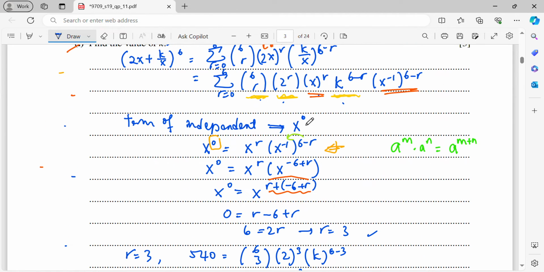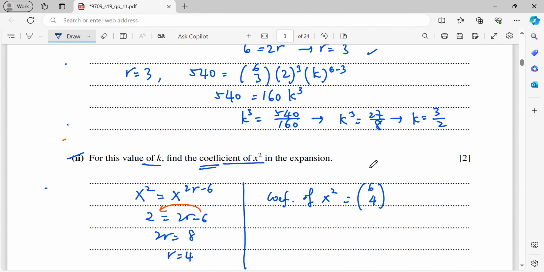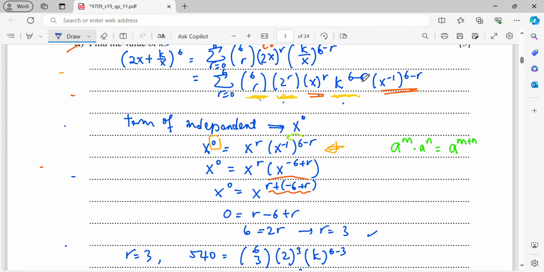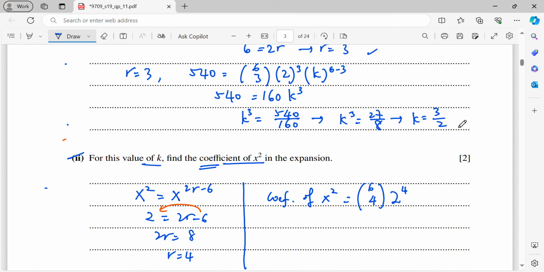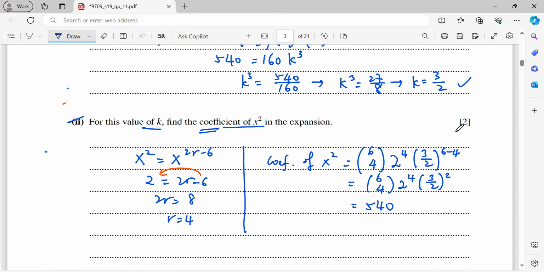After that, 2 degree 4, and then k degree 6 minus r. Now my k is 3 over 2, so replace the k value and then 6 minus 4. Then from here, you will be getting 6c4, 2 degree 4, 3 over 2 degree 2. And at last, you will be getting 540. So that's the solution for part 2.